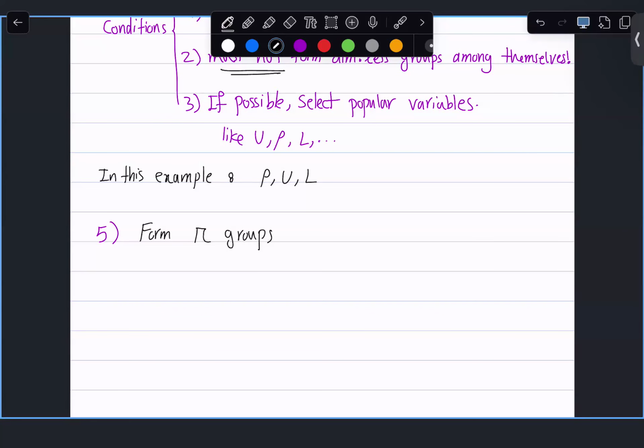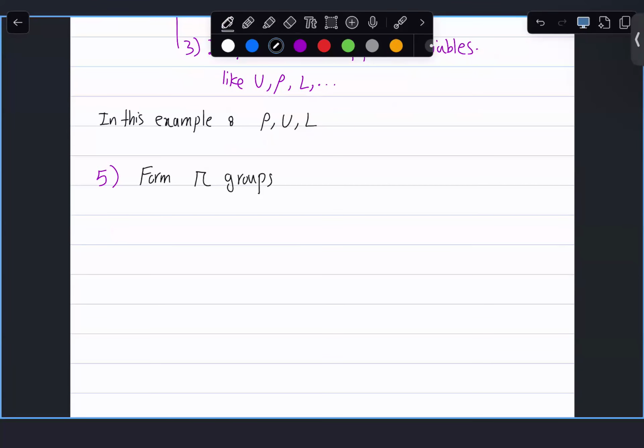And pi groups are basically the dimensionless variables. The number of pi groups will be K minus R. So how many pi groups will we have in this example?